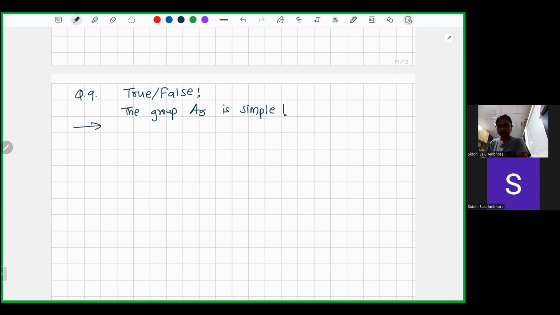Sorry, transpositions have sign -1. Odd cycles have sign +1. Any cycle of size r has sign (-1) power r+1. So A5 contains all the cycles of positive sign.